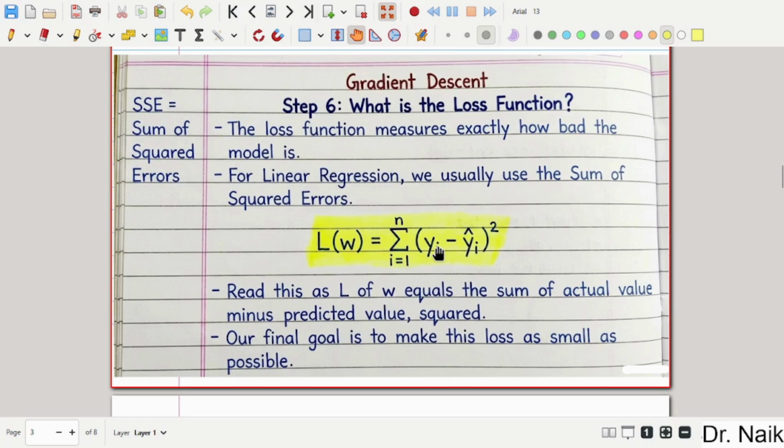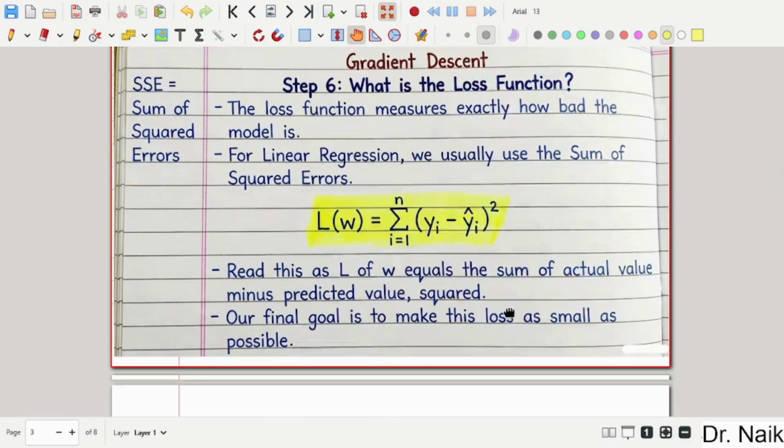So yi is the actual value and y hat is the predicted value. We square their differences and add all such differences. So our final goal is to make this loss as small as possible.